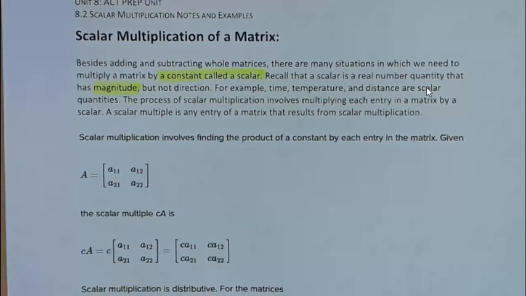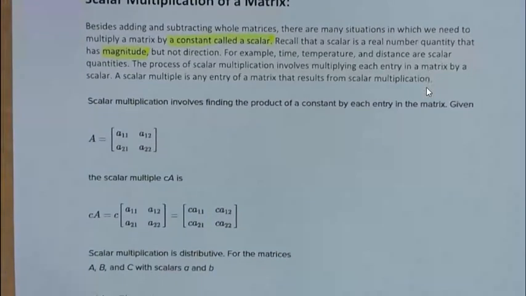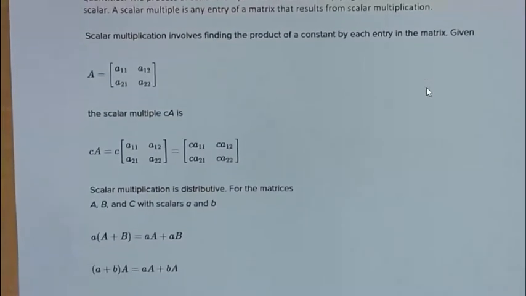Generally speaking, just like how adding and subtracting with matrices works similar to adding and subtracting regular numbers, that is the case here as well. So the distributive property still holds.